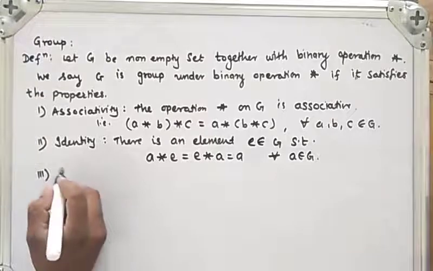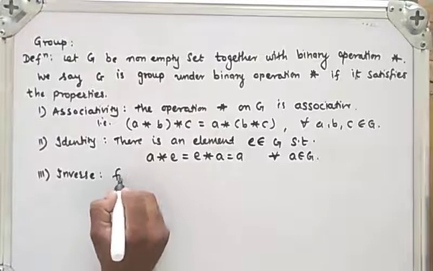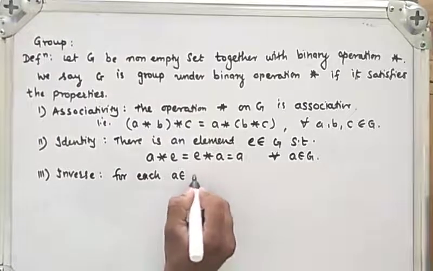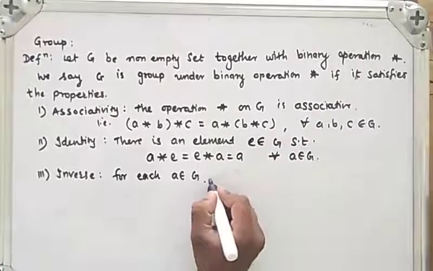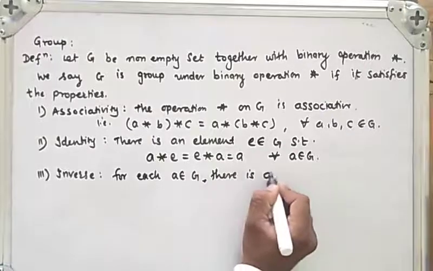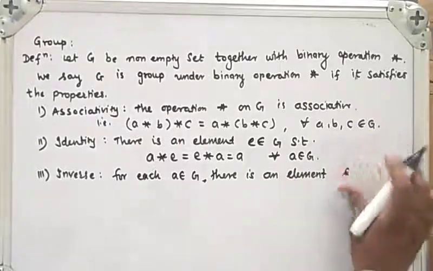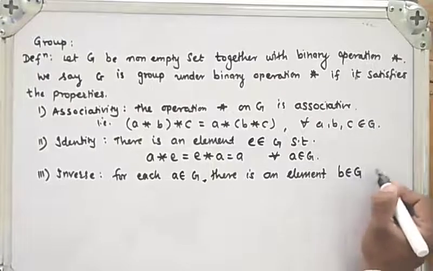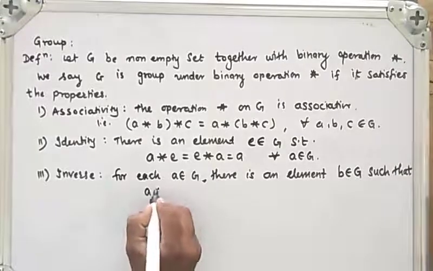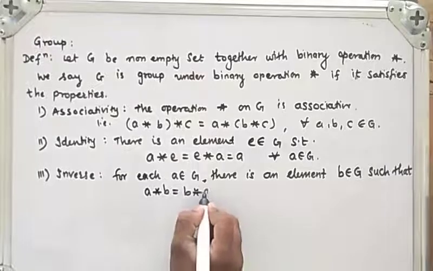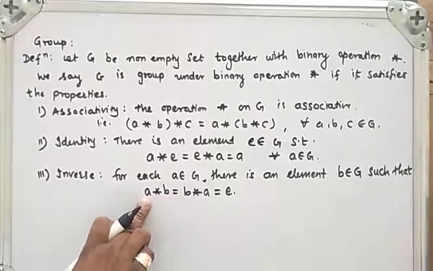And the last one, inverse. For each A belongs to G, there exists an element B belongs to G such that A star B is equal to B star A is equal to identity, then we say that B is an inverse element of A, right?